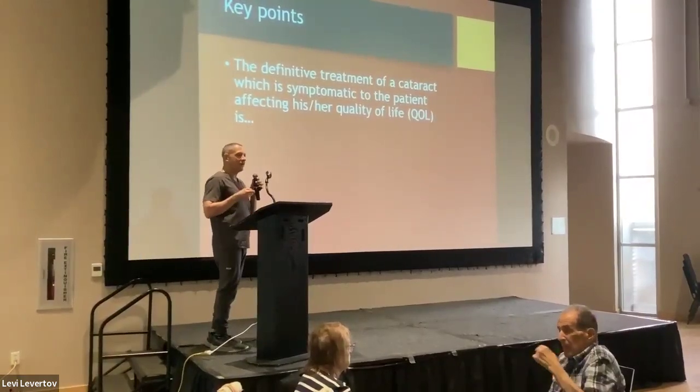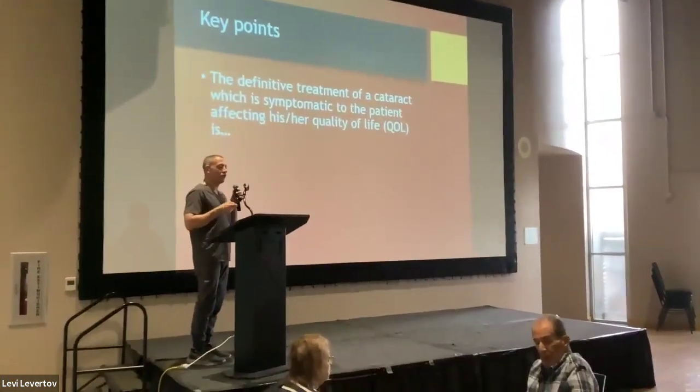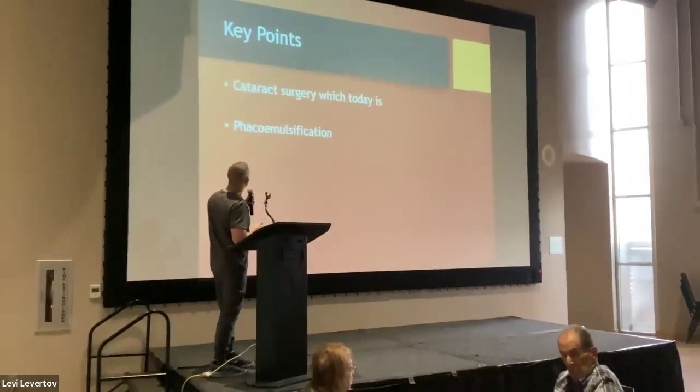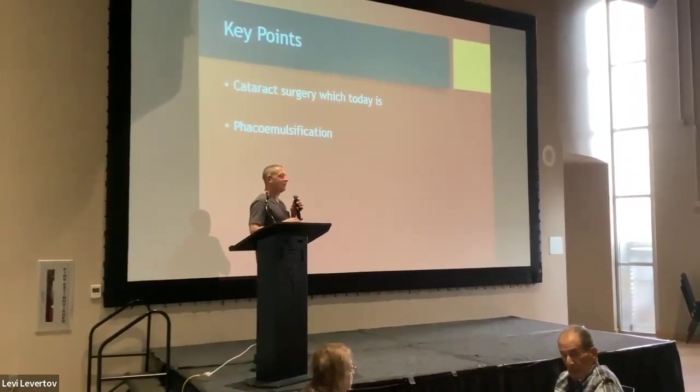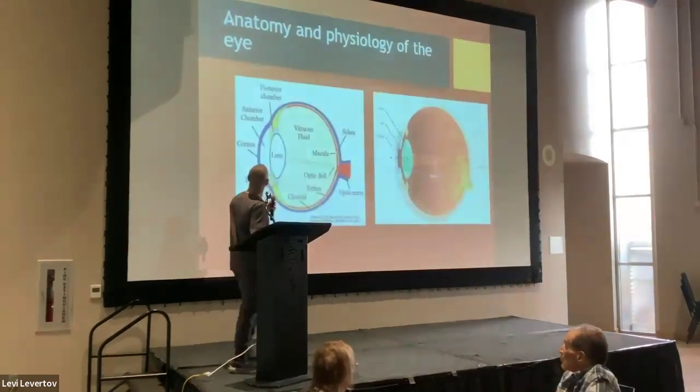And the treatment for cataracts is cataract surgery in order to improve a patient's quality of life. Cataract surgery today is done through phacoemulsification. That means an ultrasound breaks apart the cataract into small parts and then sucked out of the eye.